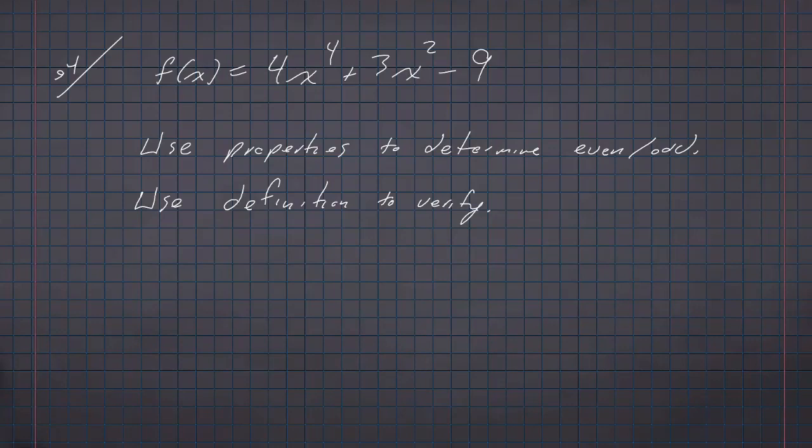Then determine if that result is going to be even or odd, and then use the definition. Evaluate f at the opposite of x and verify that this function has the property you claimed it would. Write that one out, see what you get with it, and I'll see you in the next video.